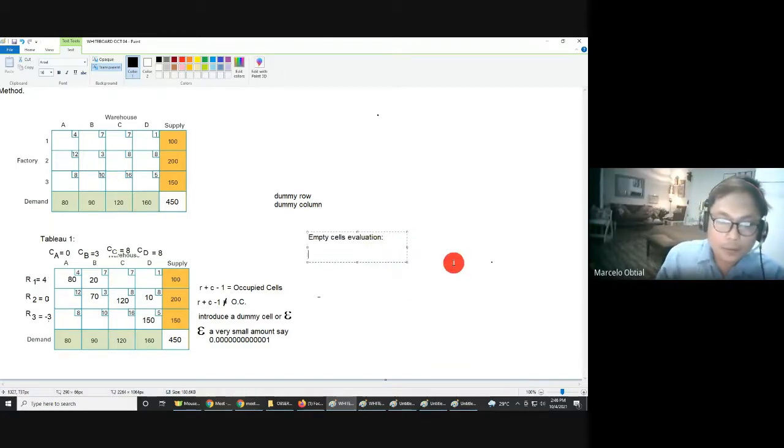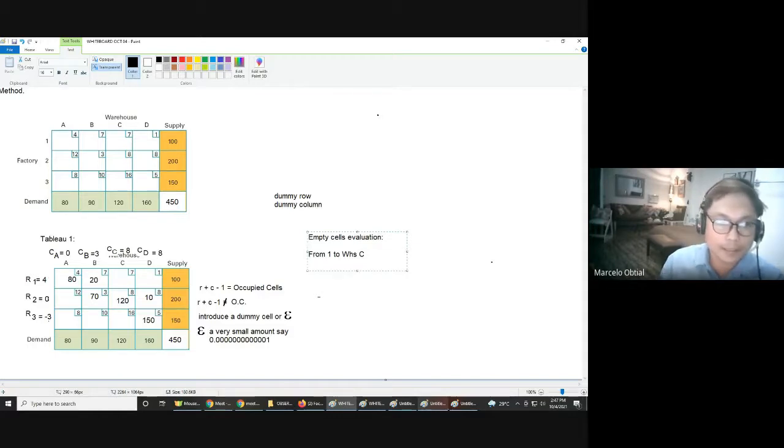Okay. What are the empty cells? You have here, that is cell C1. Actually, you should not put C1, because this is a real life situation. If you're the manager, your decision is that from factory 1 to warehouse C. Ganyan.